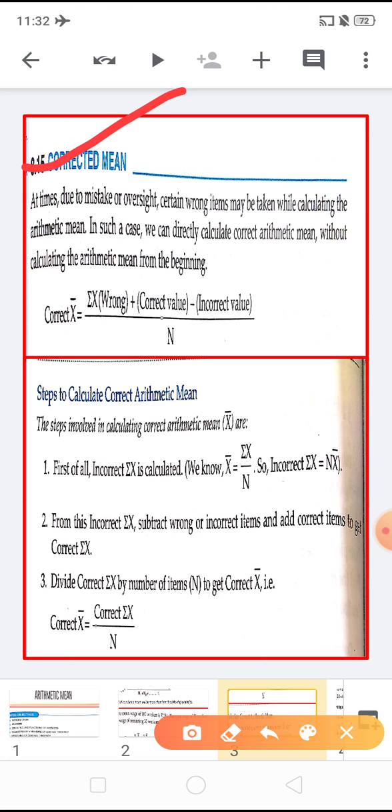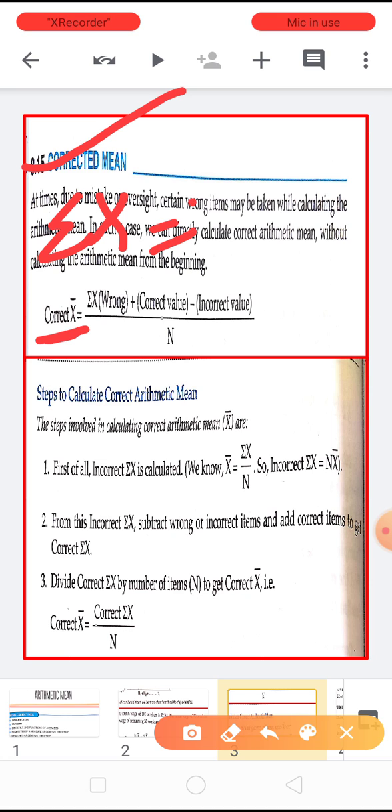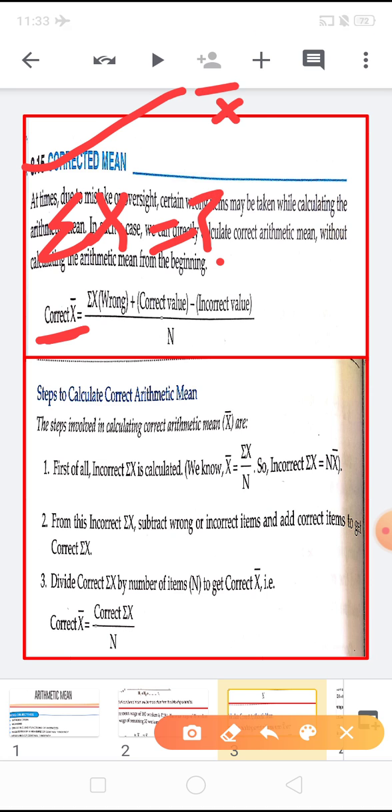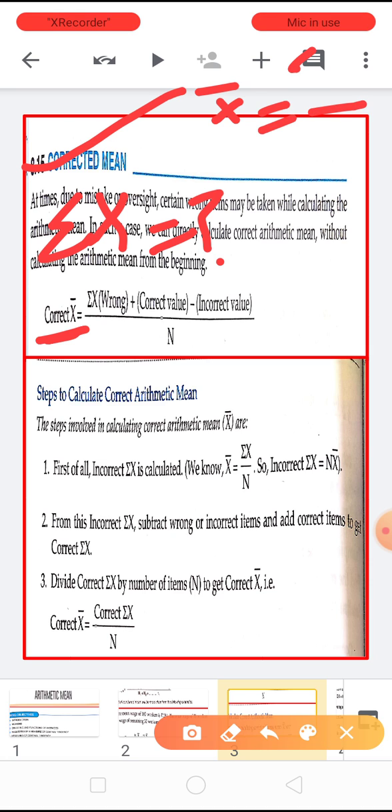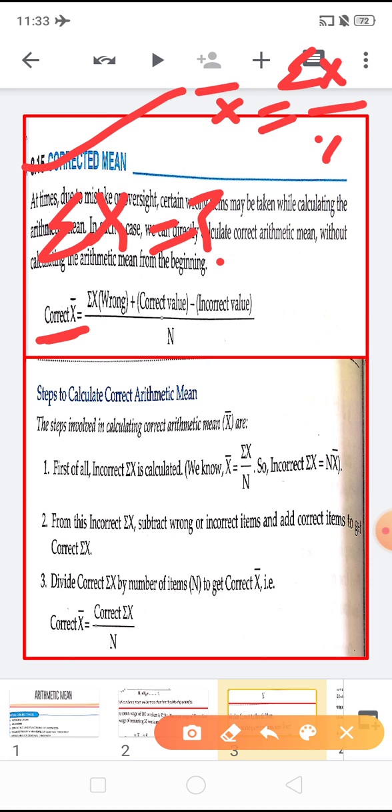So children, if this kind of question you can see, then it can be solved by the following basis. Correct arithmetic mean is equal to sigma x over n. We first need to find out the value of sigma x, and how can this value be found out? This can be found by dividing sigma x by n.